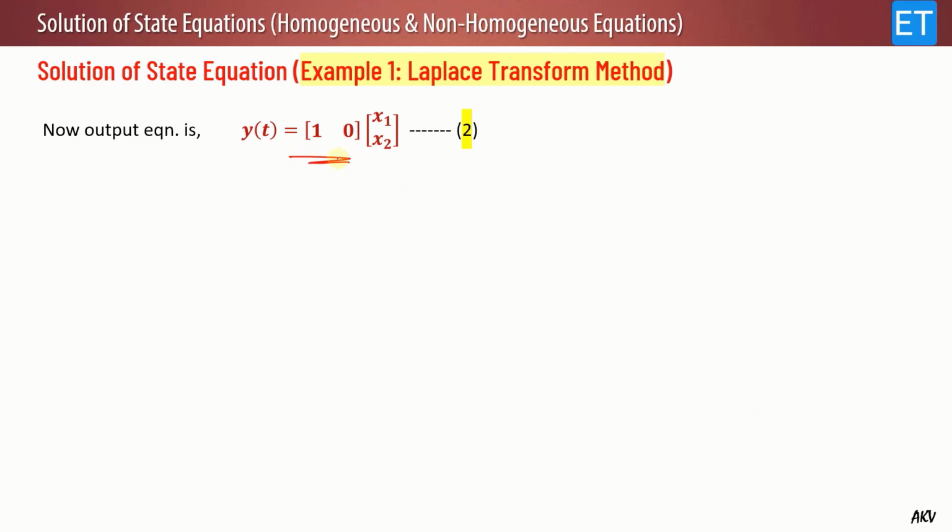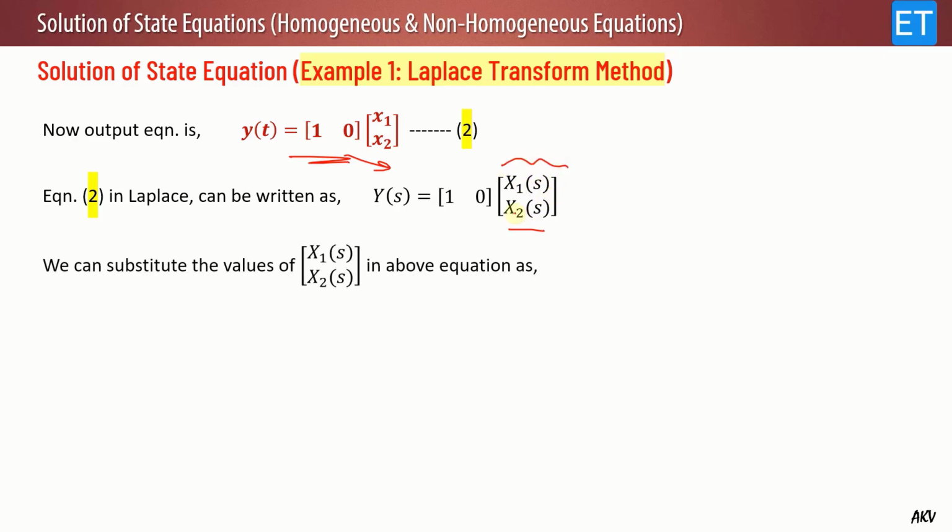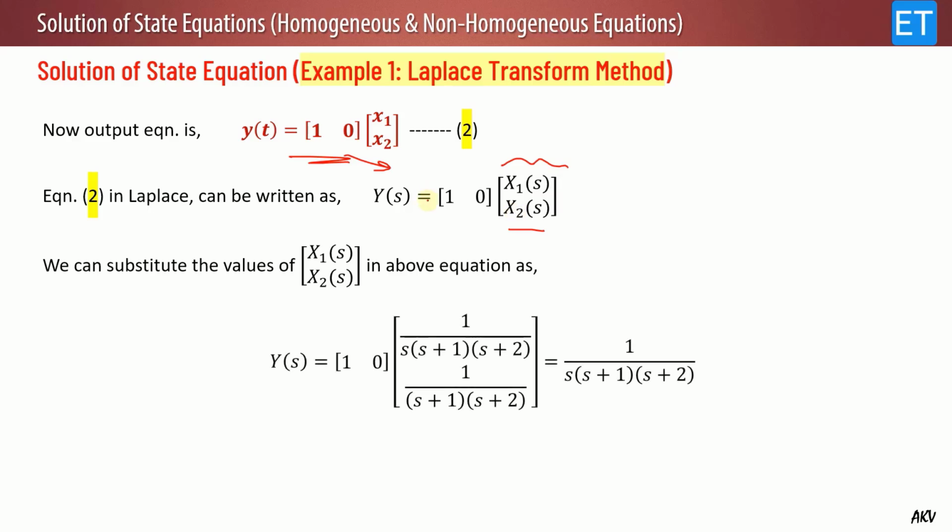So this was the output equation that was given in the question. So yt equal to 1, 0, x1 and x2. So in the Laplace domain, you can write the same equation like this. So yt means ys, 1, 0, and x1t, x2t means x1s and x2s, right? And now you can substitute the values of this x1s and x2s, which we have just found in the previous slide.